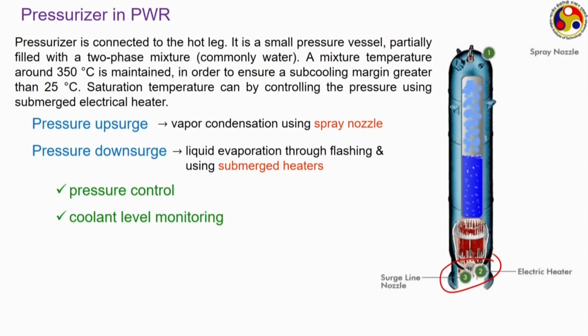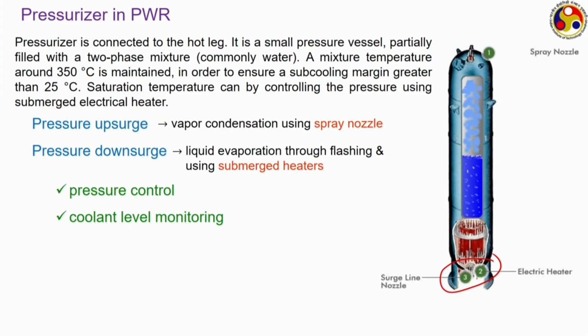Another function done by the pressurizer is coolant level monitoring. Generally, the pressurizer is mounted at the top of the pressure vessel, which is likely to be the highest location of the plant, and hence if the pressurizer has a sufficient amount of liquid, then all components which are placed at a lower elevation must have a sufficient amount of liquid present.